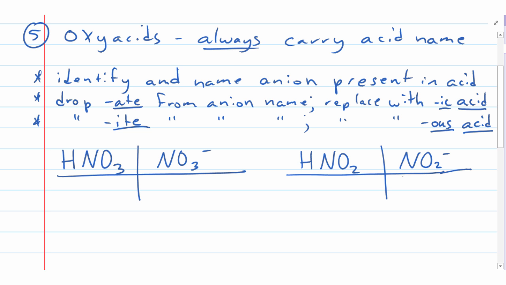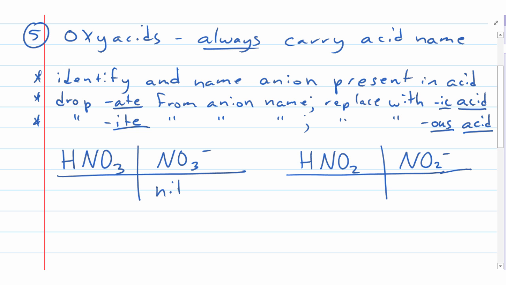You can get the charge simply by remembering that hydrogen always has a charge of 1 plus, so if we have one of each, the charge on the anion must be 1 minus. Even if you didn't memorize this, it's an easy way to work backwards. Then, to name these ions, what is the name of this one here?